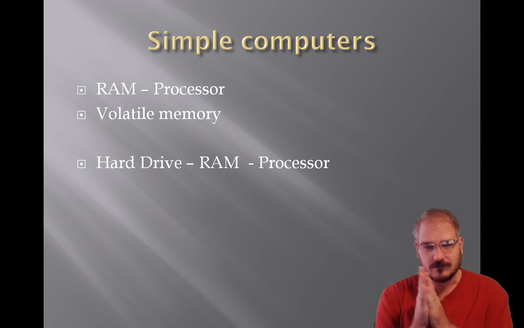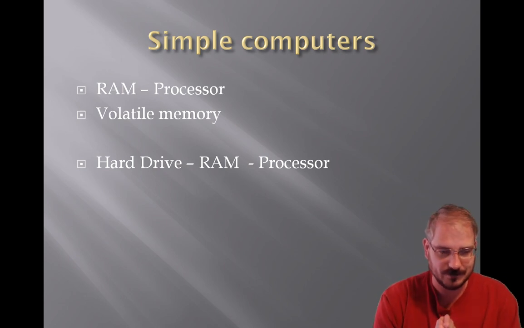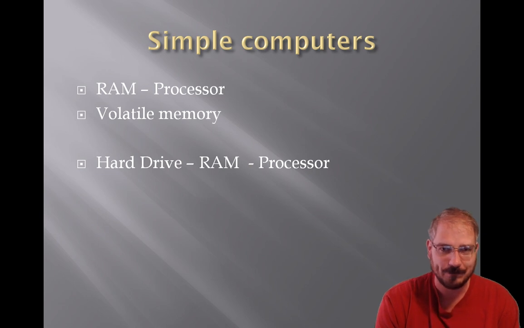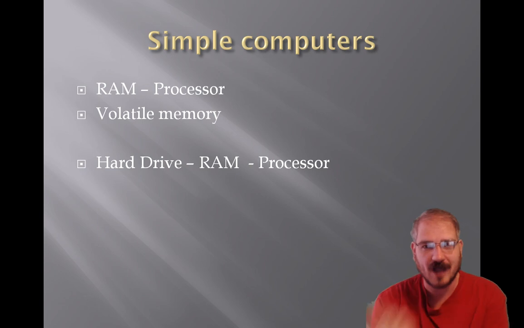So, a very simple computer, like way back in the day, 40s, 50s, 60s, computers only had the pieces we've talked about so far. They had RAM, which holds ones and zeros, and they had processors, which do math on ones and zeros.